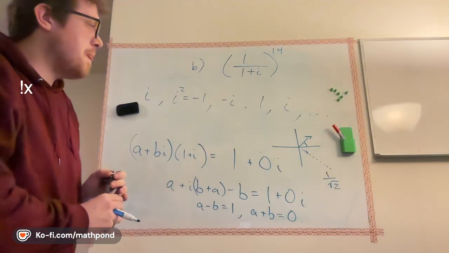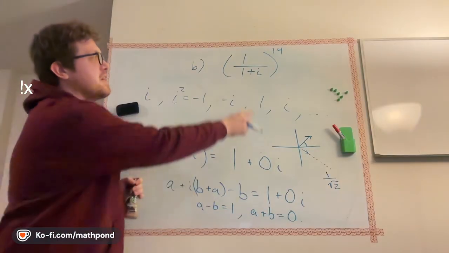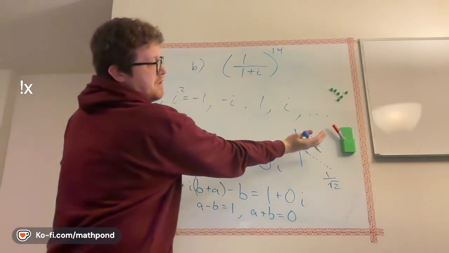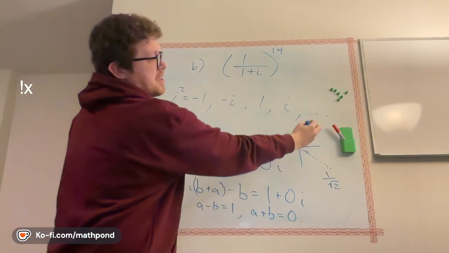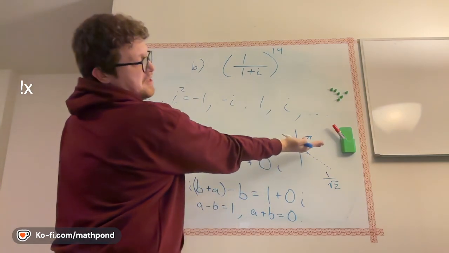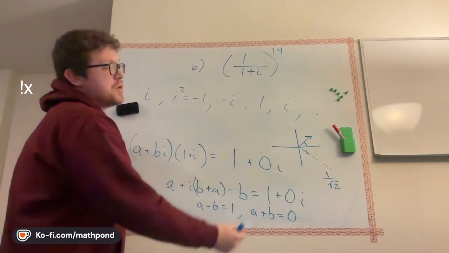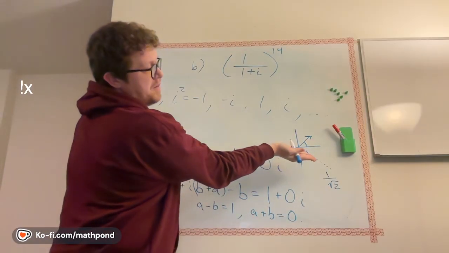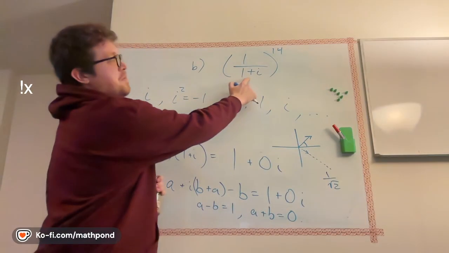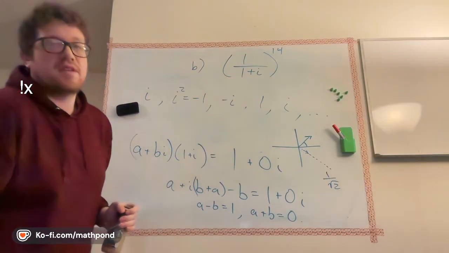But yeah, so the idea here is that this number 1 plus i on the bottom has basically an angle of 45 degrees it makes from the positive real axis. And so we need some number that's going to multiply with the opposite angle to cancel them out, and the size of the vector is going to have to be the reciprocal of the size of 1 plus i.